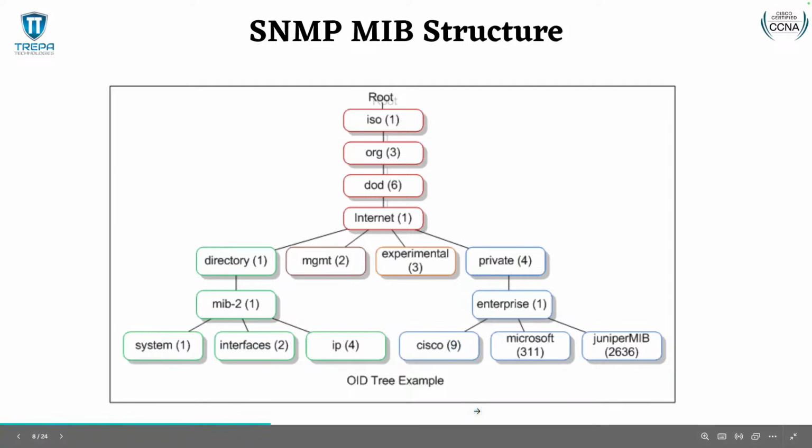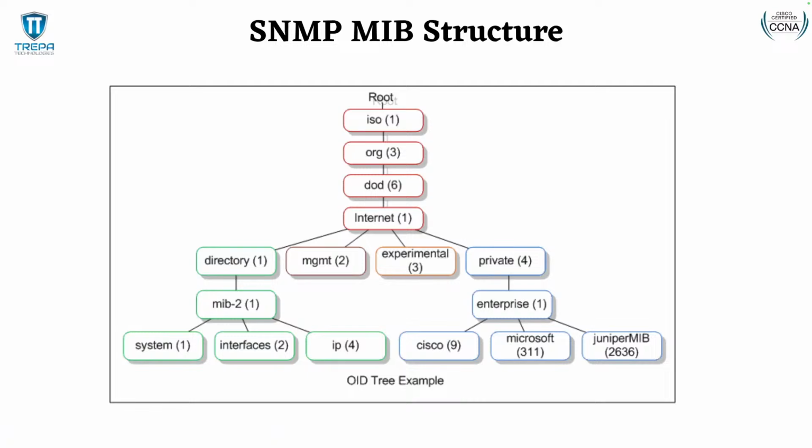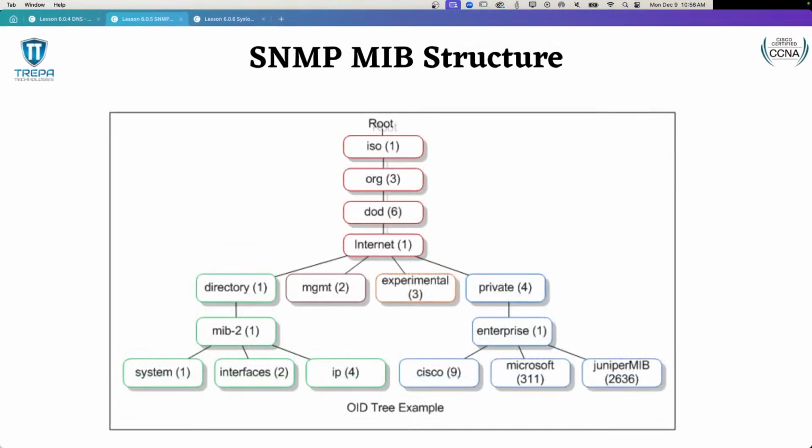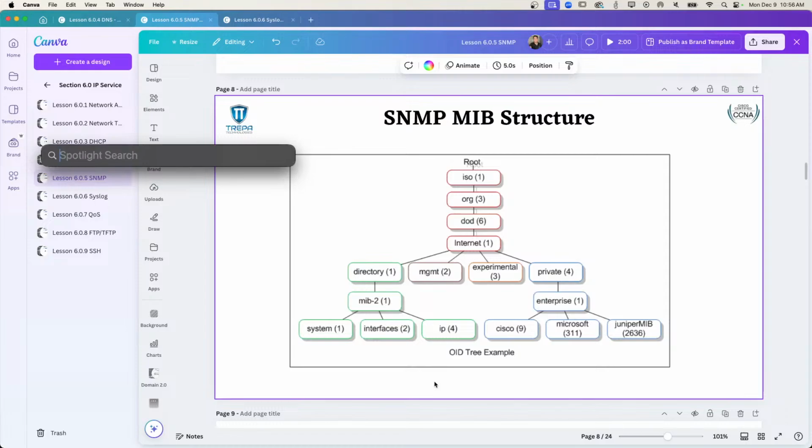You do not have to memorize this at all. When I configure an SNMP manager like SolarWinds, all this is there for me. I don't have to memorize an OID, I just want to show you the structure.